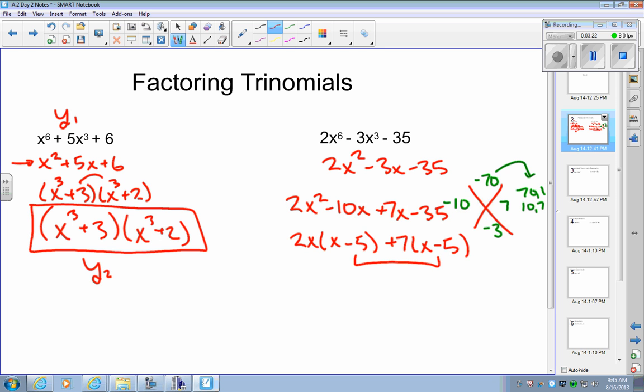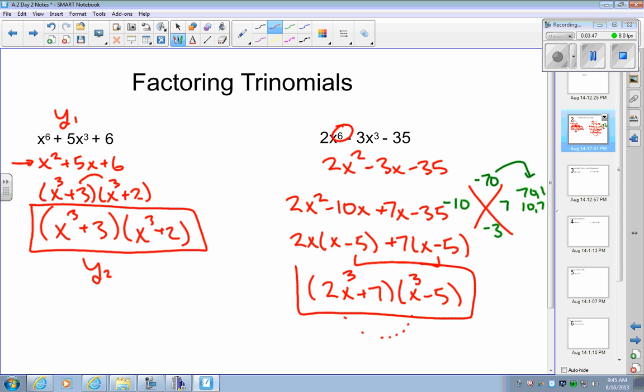Make sure these match up, and you have it: 2x plus 7 and x minus 5. Now, that only gets you 2x squared when you double distribute. You need a 2x to the 6th, so just go back and make it a 3. Make it a problem that you're comfortable doing, and then change it at the end. The same idea that worked for the first one holds for this. Check it in your calculator or double distribute.